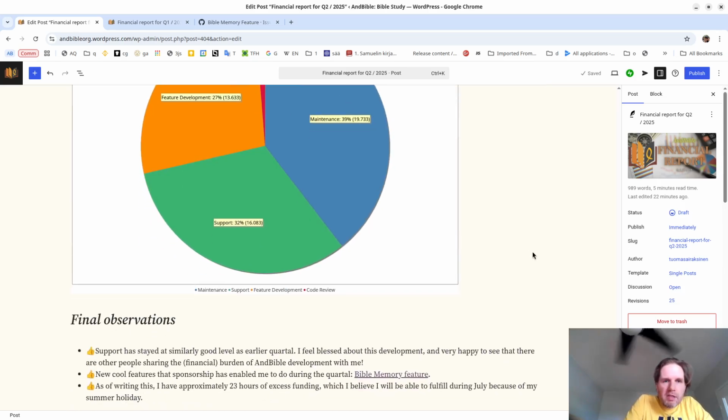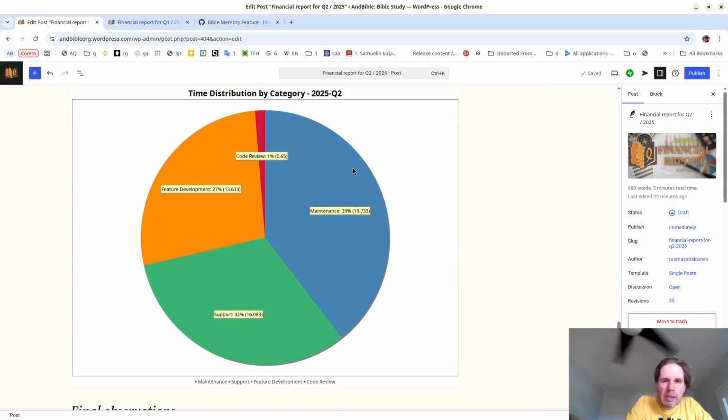So we have a chart like this. It shows this is quite balanced this time, that there is maintenance, support, and feature development. It is almost equal size, kind of good, I would say.